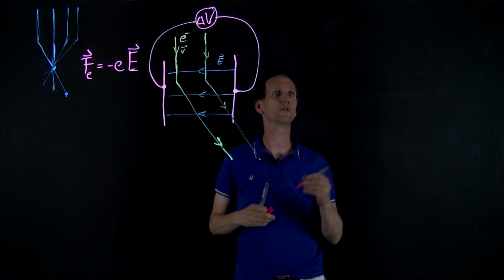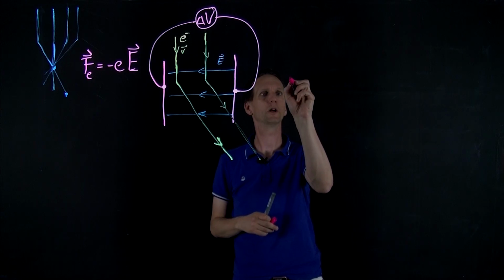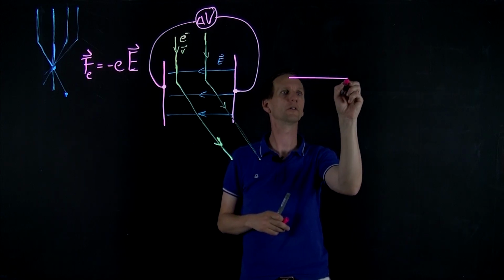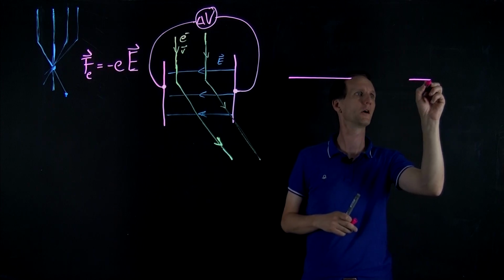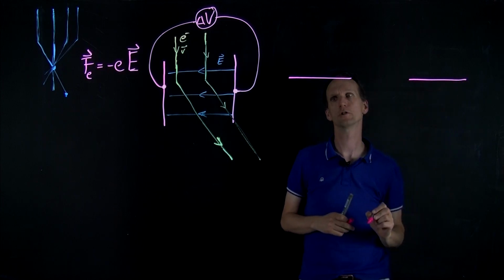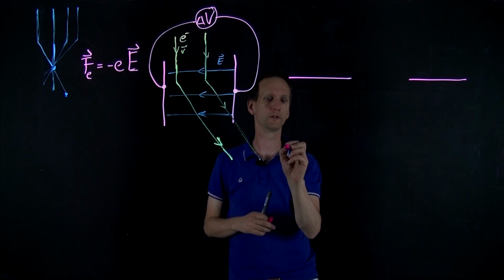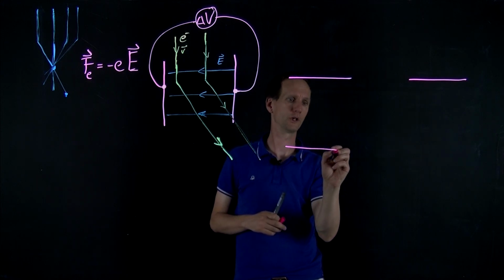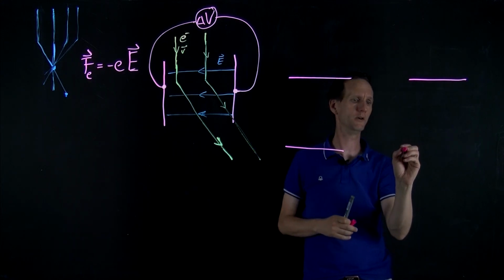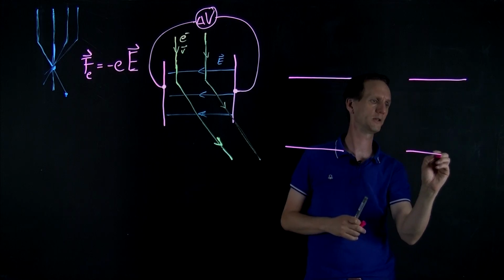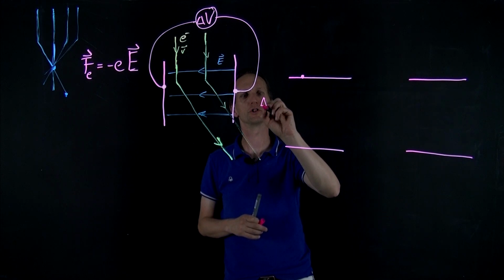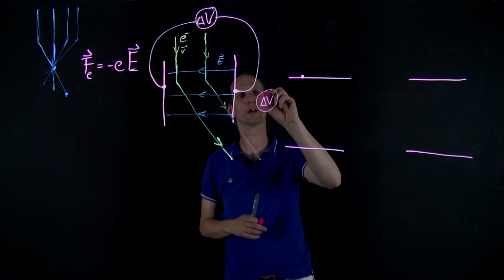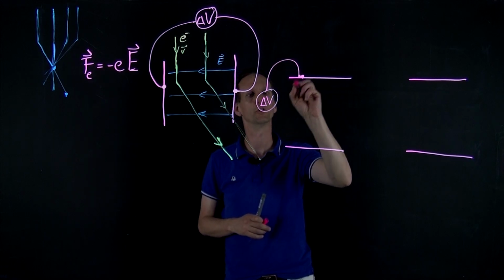So say we have a situation where we accelerate an electron beam. So we accelerate an electron beam by applying a voltage difference. So I'm going to draw here two plates, in a different orientation than I drew them here. And over these two plates I now put a voltage difference. So again, now here we have our voltage source.